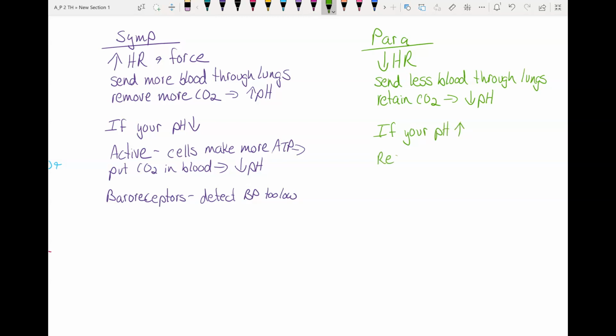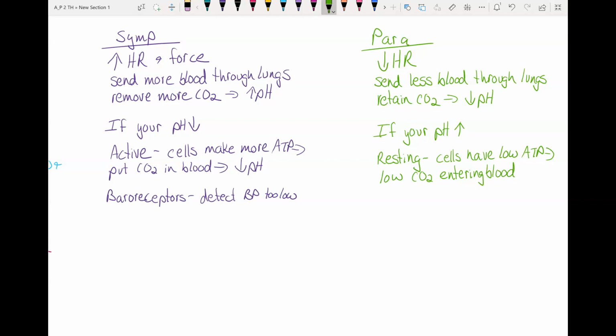So when you are resting, your cells only make a little bit of ATP. Which means that they're not putting very much carbon dioxide into your blood. So you have low CO2 entering the blood. So there's not very much there to make the acid. So therefore you want to take less out.